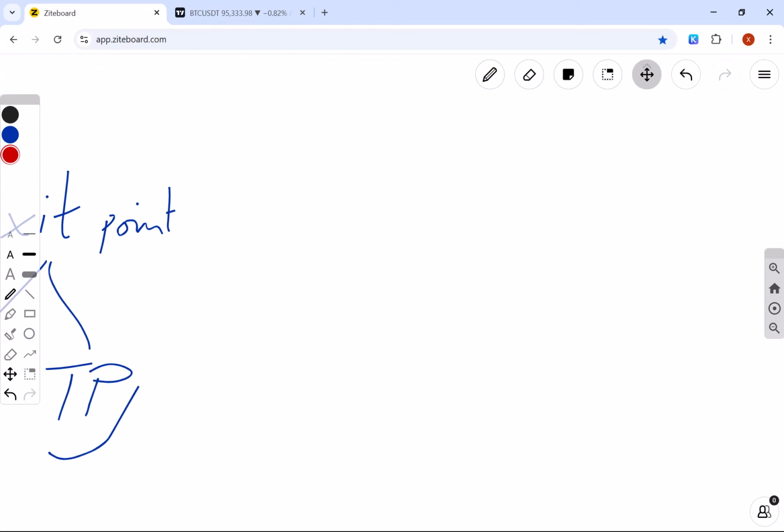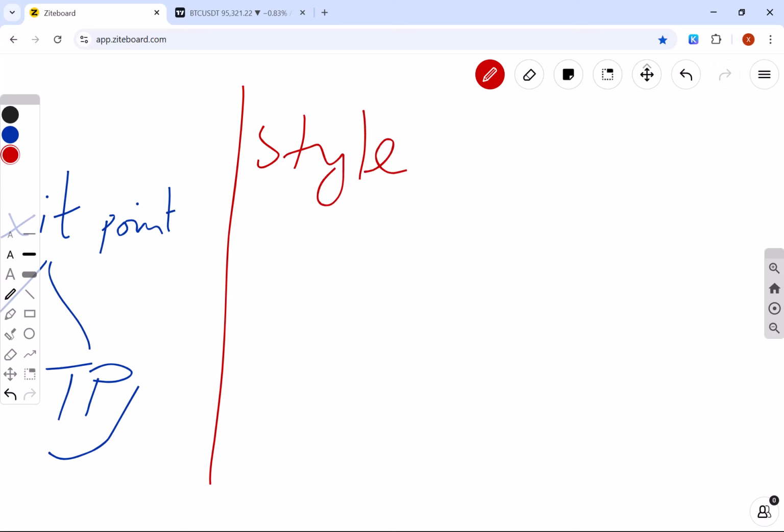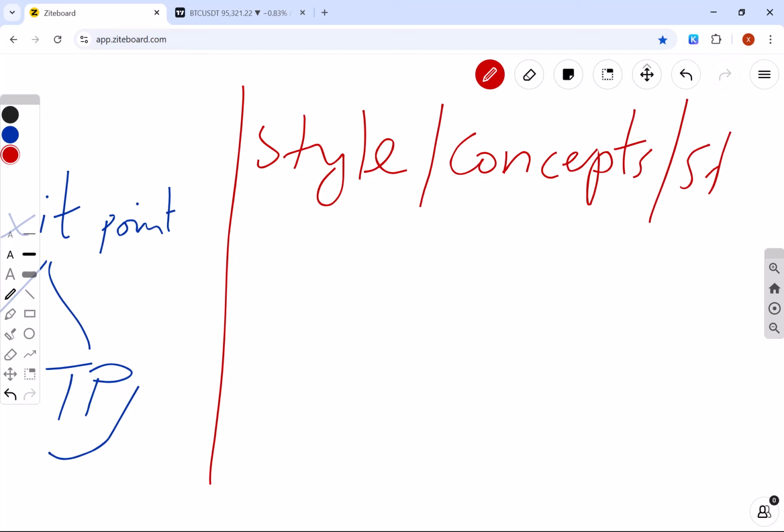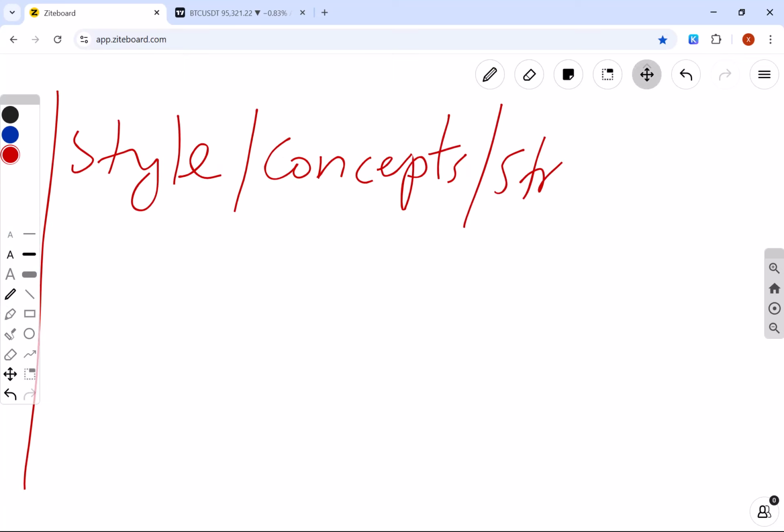Mostly these orders are executed based on each individual's own trading style, or some people will say concepts, or strategy, whichever term you want to use.